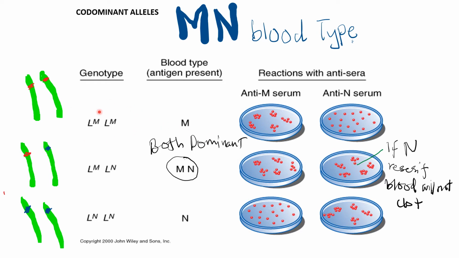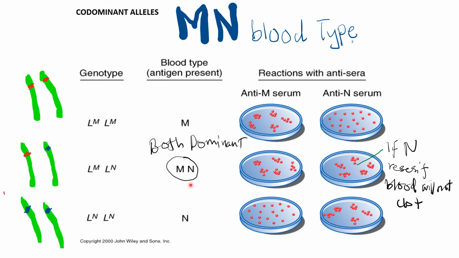If the blood is heterozygous MN, we write LM and LN, and so on for the N group, LN. What we are going to focus on here is the MN blood group.